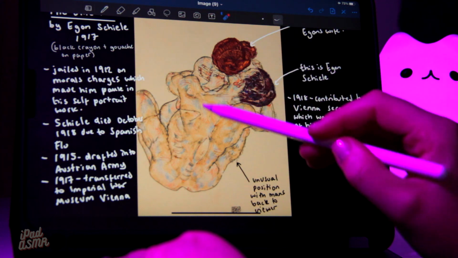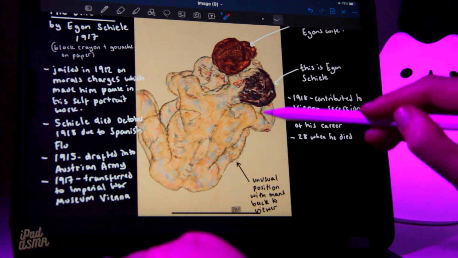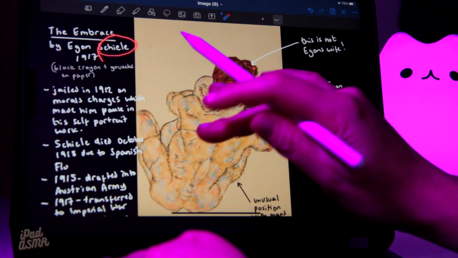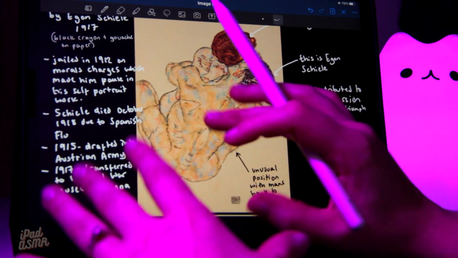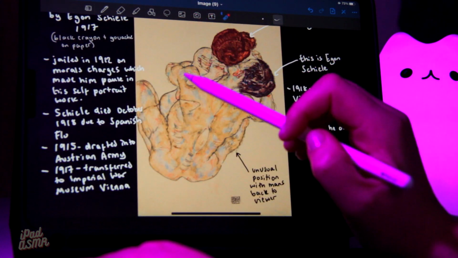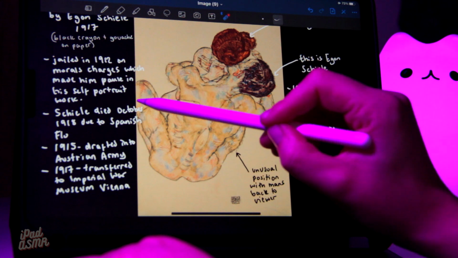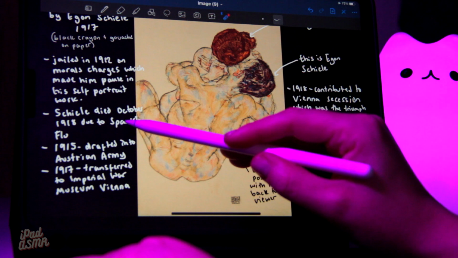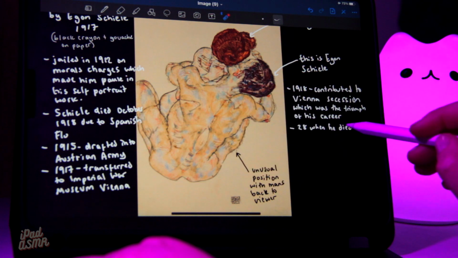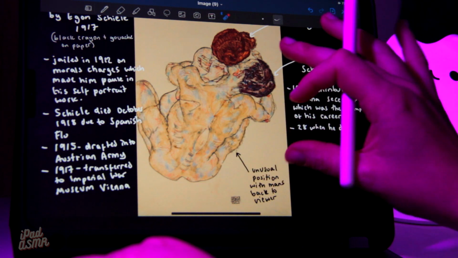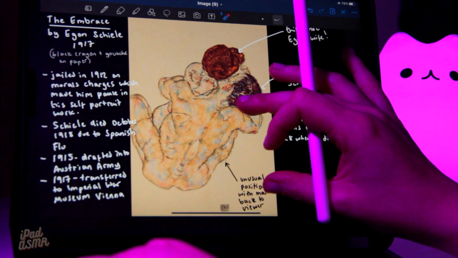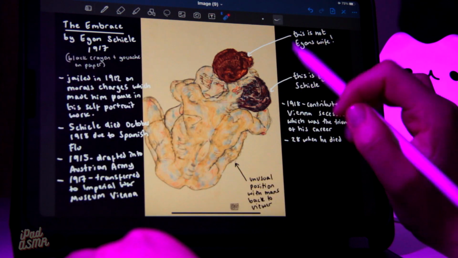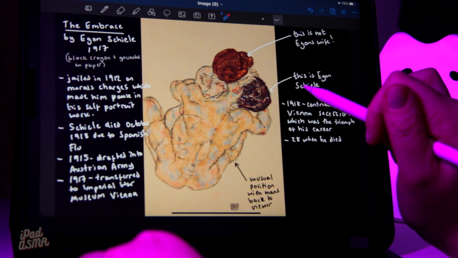And Klimt had died a little bit before Schiele, so Schiele took up the torch, he was the next new thing. But unfortunately, in 1918, he died due to Spanish flu, and he was only 28 when he died. So that's very, very sad. Because if he had lived a little bit longer, who knows what he could have created.